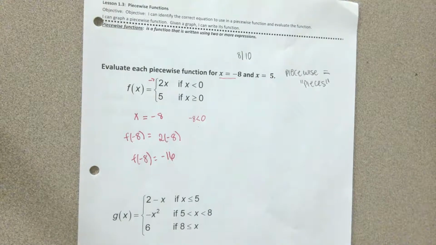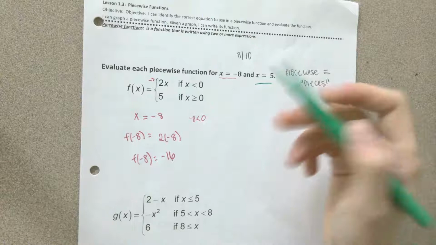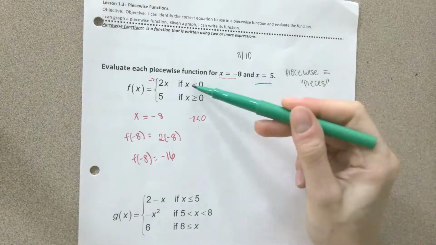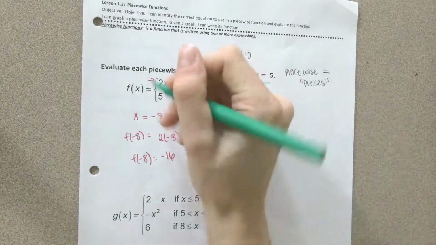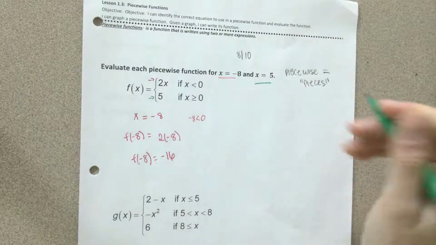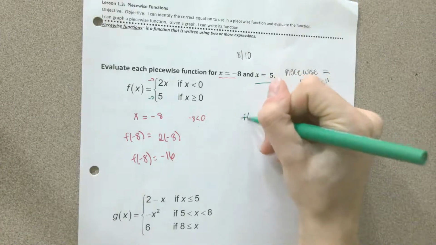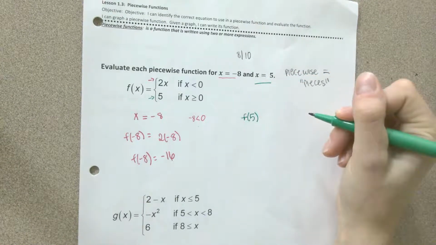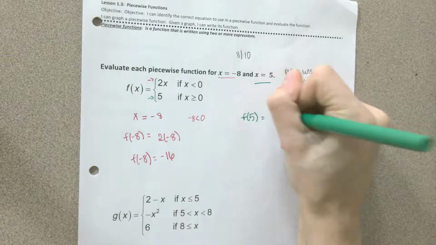For x equaling 5, we have 5 less than 0 or 5 greater than or equal to 0. 5 is greater than 0, so we're going to use this one. f of 5 is going to be the same at any point.